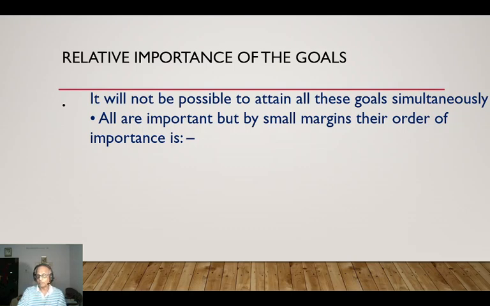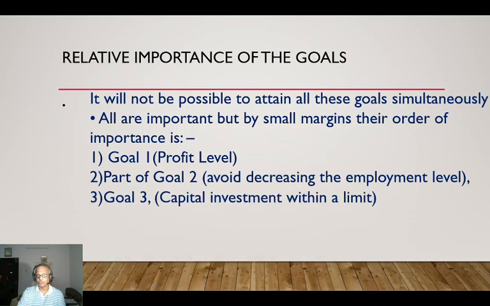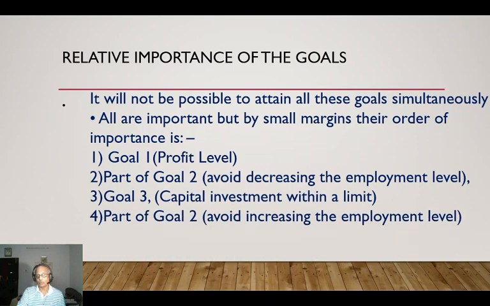All are important, but by small margins, and their order of importance is given by goal 1, profit level, part of goal 2, goal 3, capital investment, and goal 4, part of goal 2, avoid increasing the employment level.